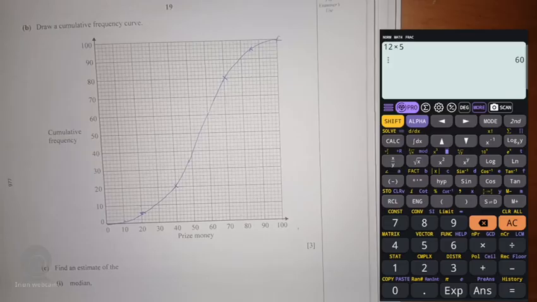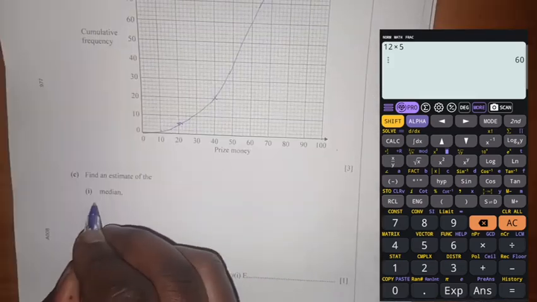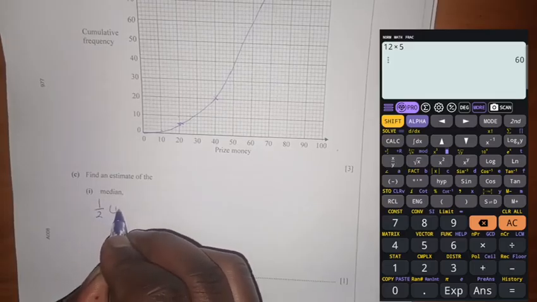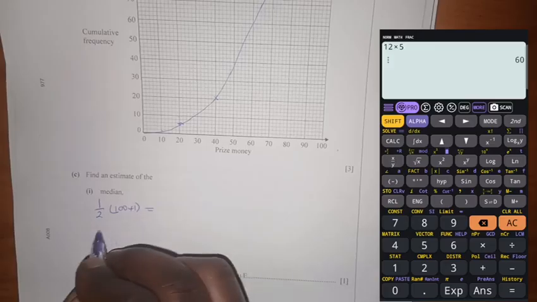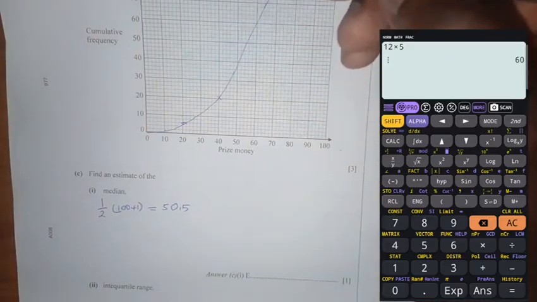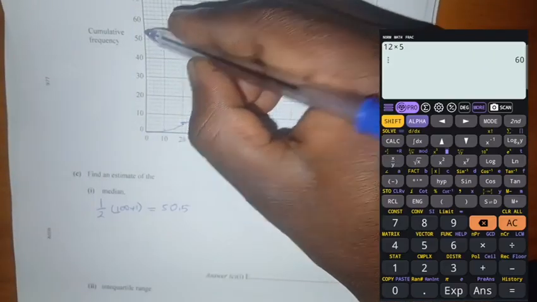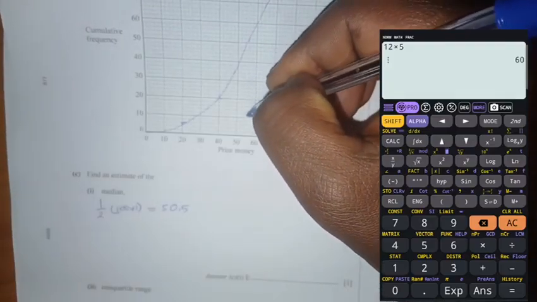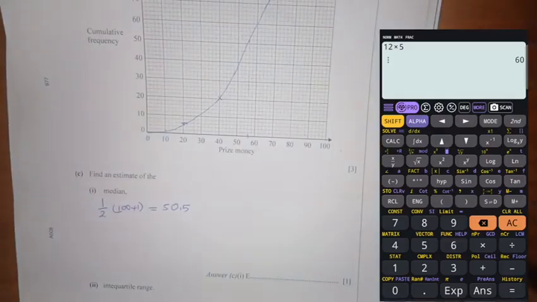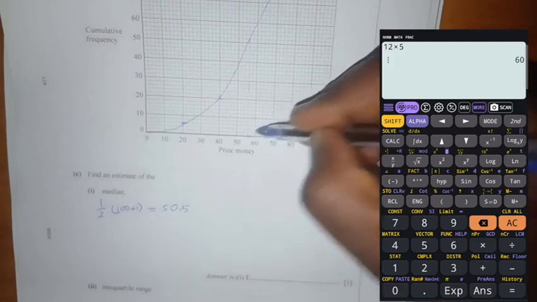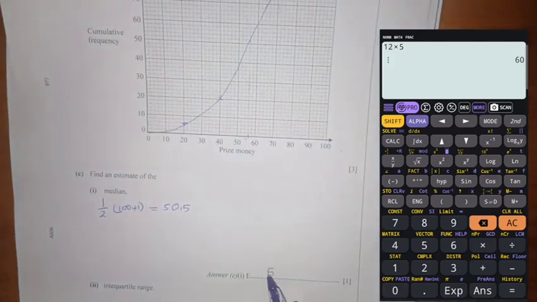For the median, it's half of the frequency, so 100 plus 1 over 2, which gives me 50.5. So at 50.5, it's between here. Trace back to there, that's the median. It's 50, 2, 4, 6, so this one is 56.